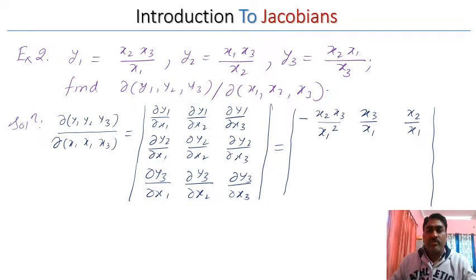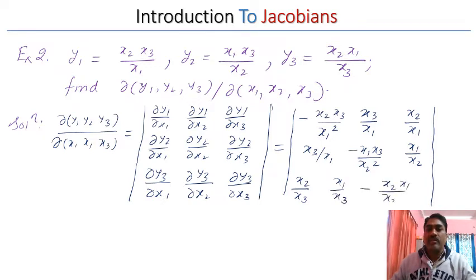So del y2 by del x1 is x3 by x2, del y2 by del x2 is minus x1 x3 by x2 square, and del y2 by del x3 is x1 by x2. Similarly, del y3 by del x1 is x2 by x3, then x1 by x3, and finally minus x2 x1 by x3 square.